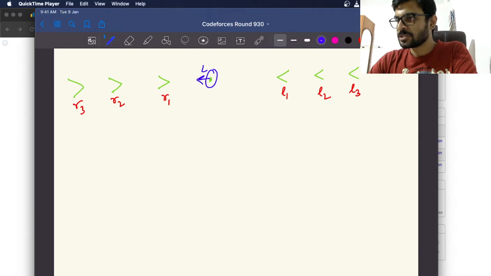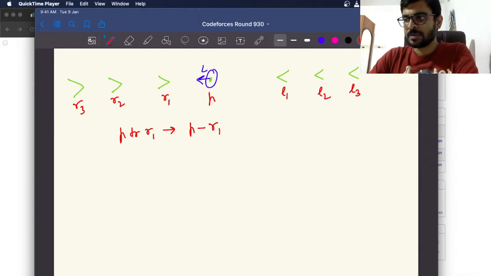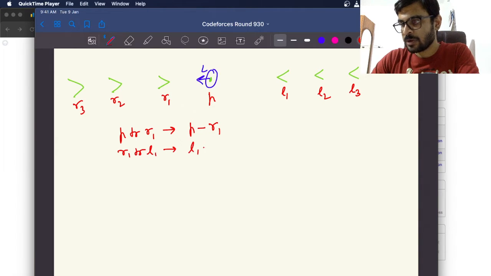What do I see? The first movement is from the starting position, let's call it P. We are moving from P to R1, and we can call it P minus R1 moves. Next, I'll move from R1 to L1, which looks like L1 minus R1.